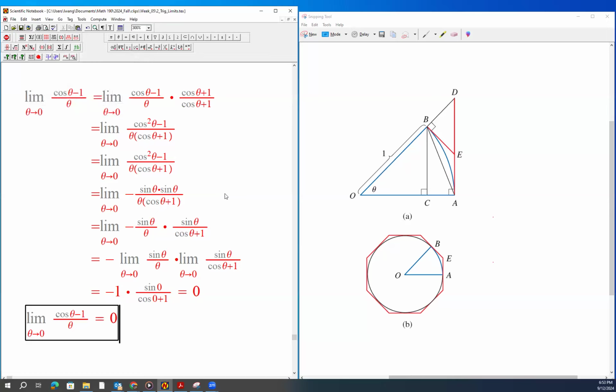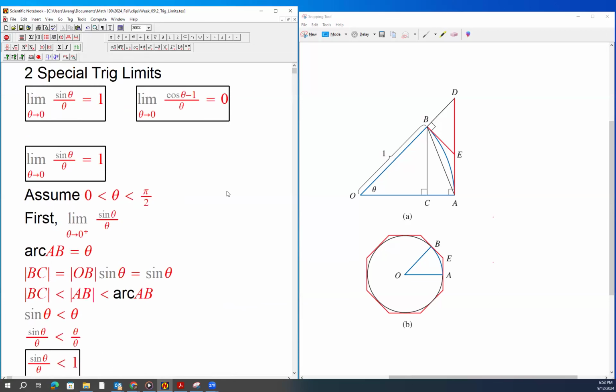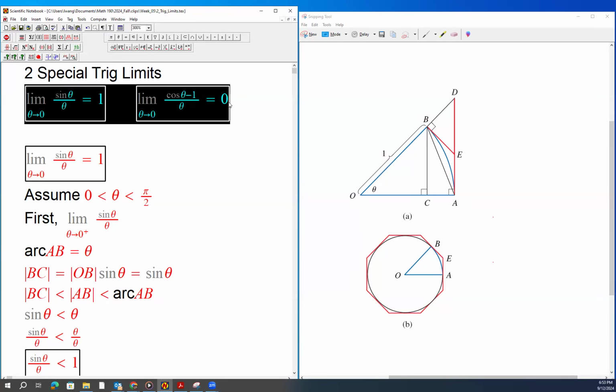And what's the use of these two limits? As you can see, if you haven't seen that video, these two limits are instrumental in proving that the derivative of sine equals cosine, and the derivative of cosine equals negative sine. And we also have some other uses for these two limits. So we're going to have a separate set of questions applying these two limits.